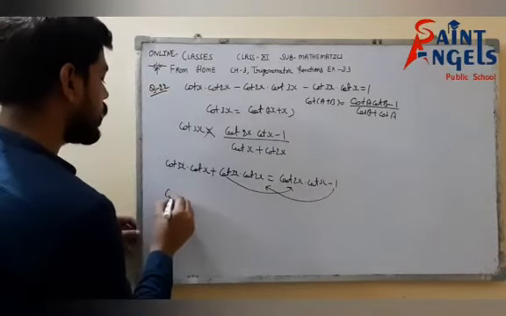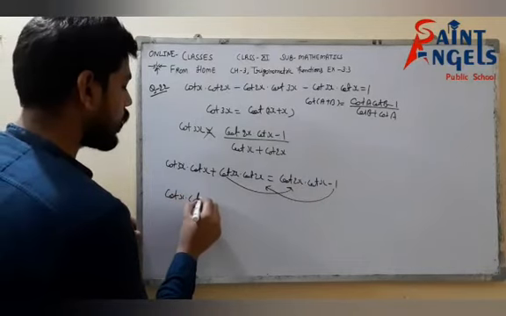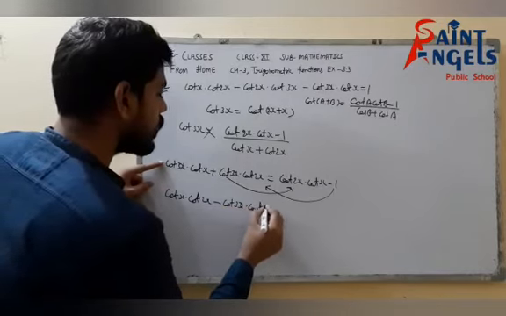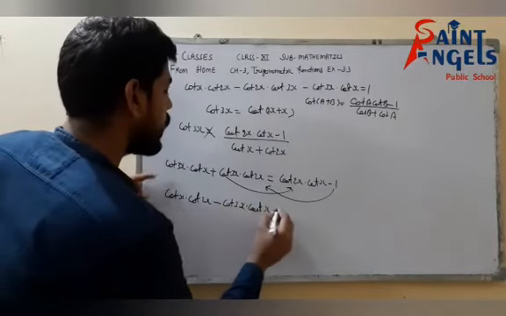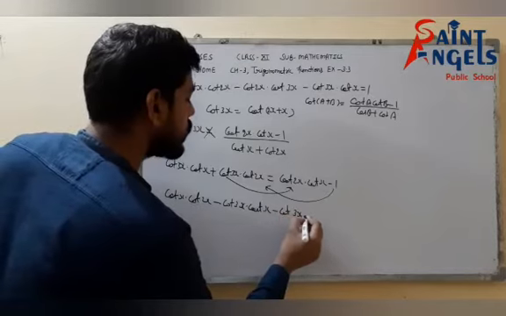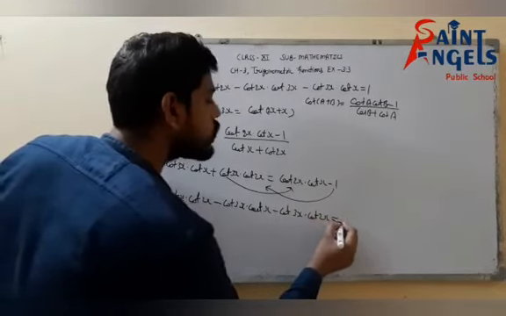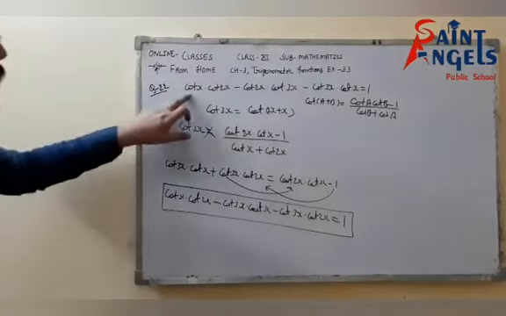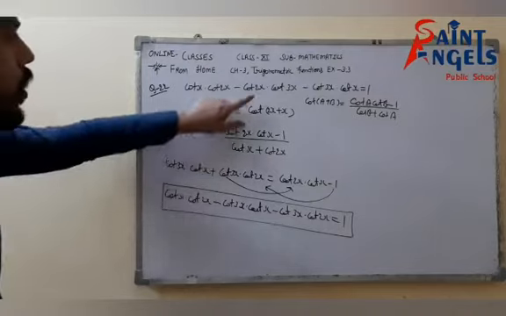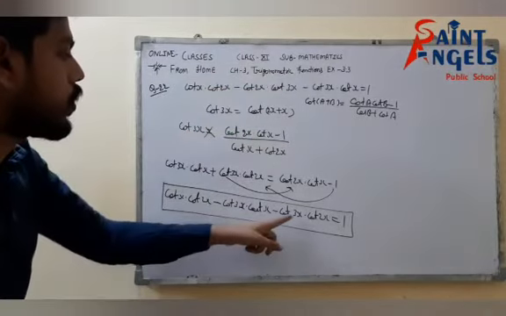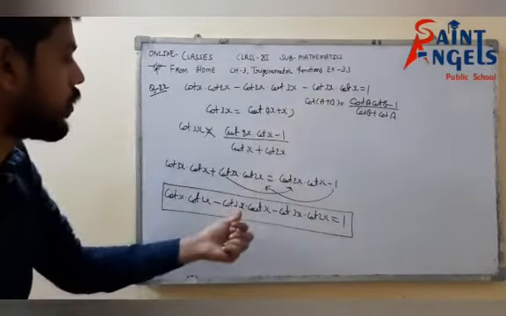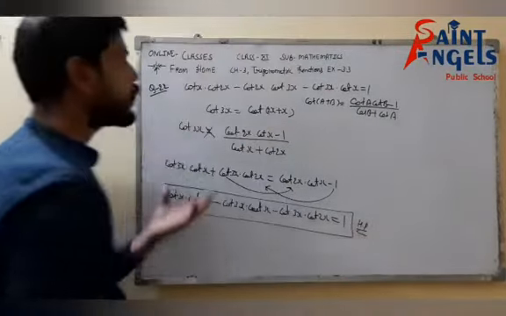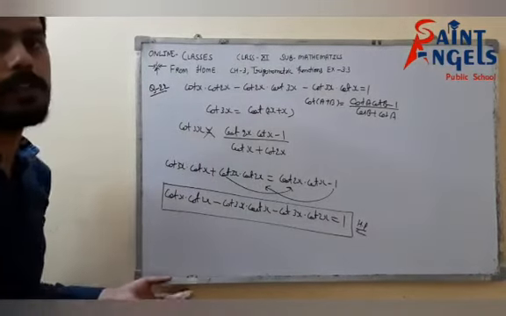So that would be cot x cot 2x minus cot 3x cot x, minus cot 3x into cot 2x equals 1. And beta, that was what we were supposed to prove. You can check it out: cot x cot 2x minus cot 2x cot 3x minus cot 3x cot x equals 1. Hence true. So look how simple it was. So please follow this step. Okay, now please pause the video and note it down.